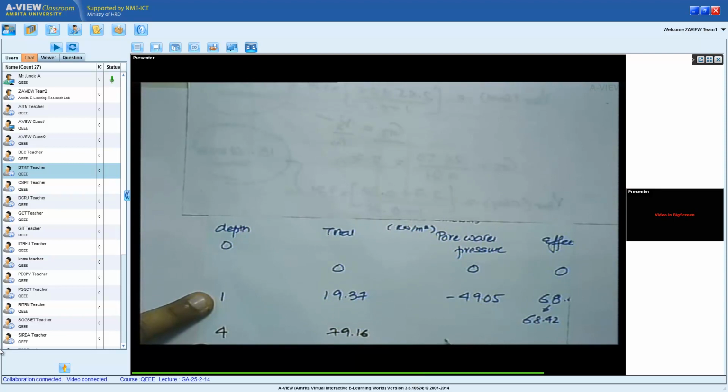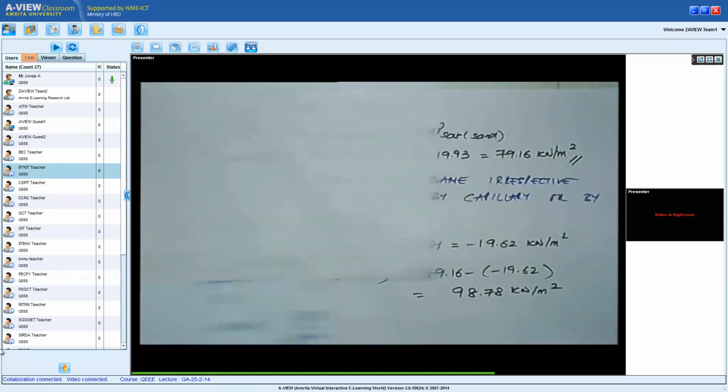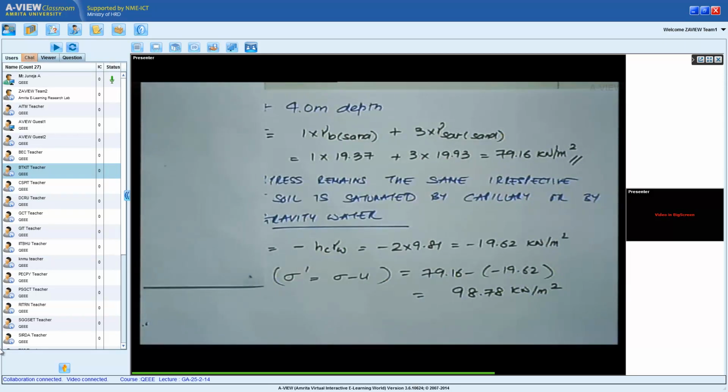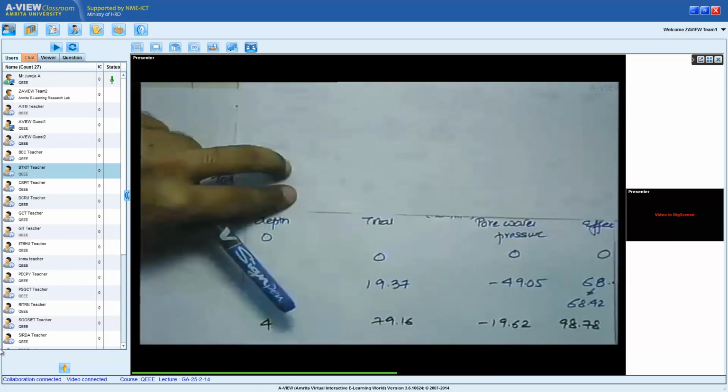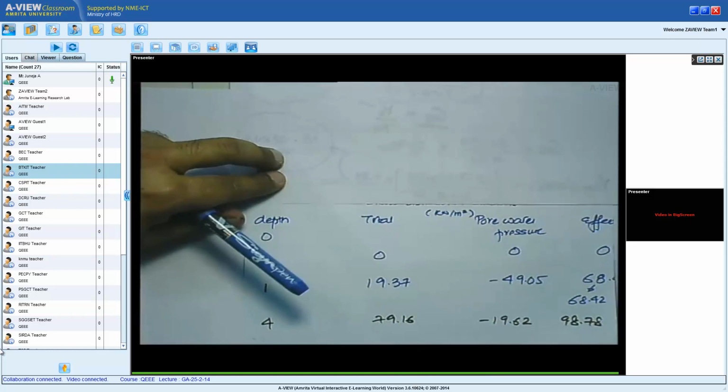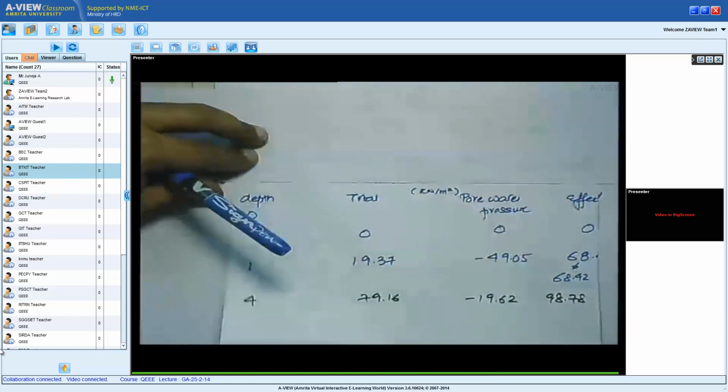The pore water pressure is minus 19.62 and effective stress was 98.78. Is that correct? Yes. Okay, I've just made a column over there, just for the sake of convenience.